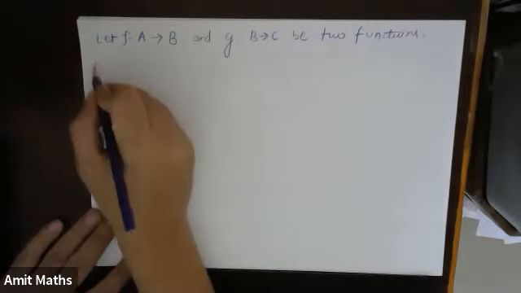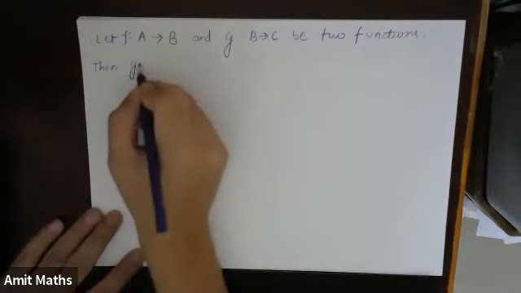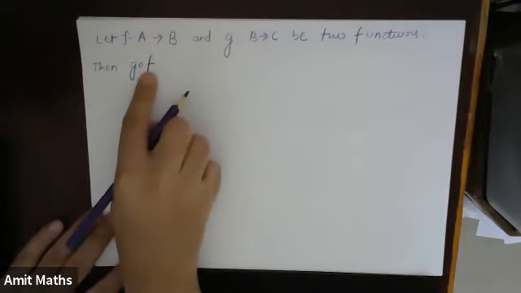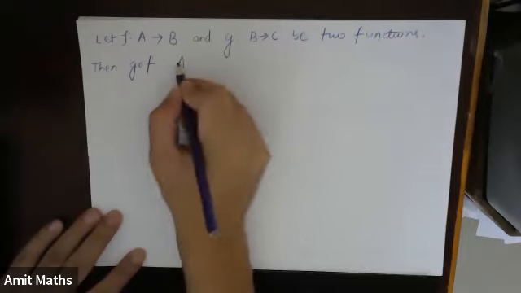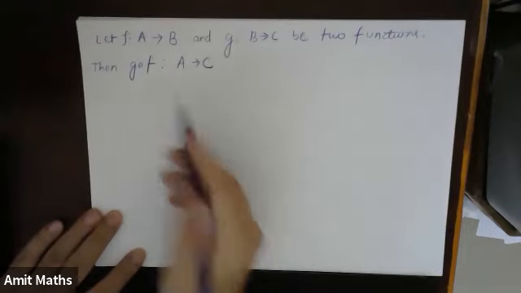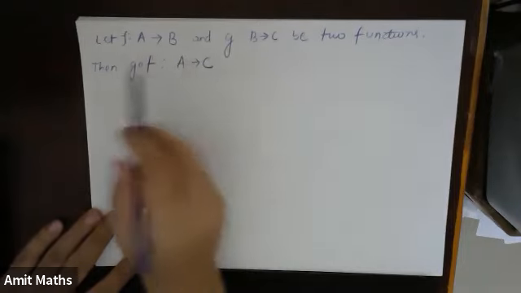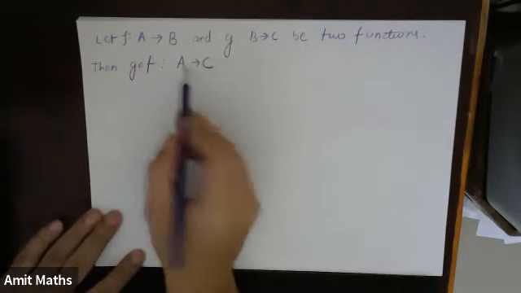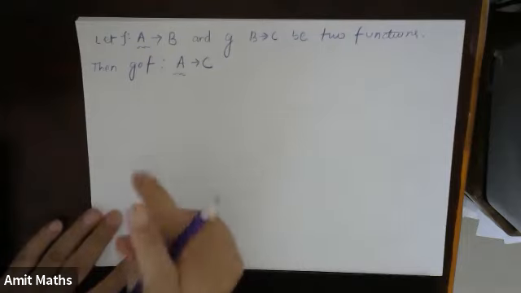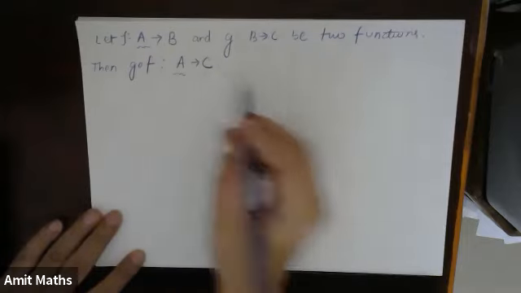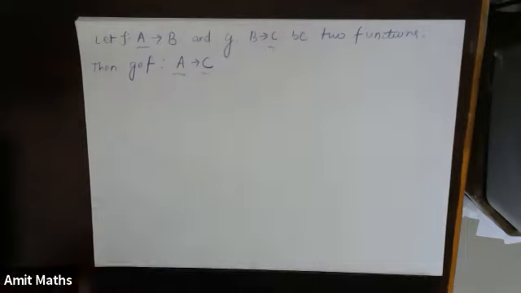Then g of f will be a function from A to C. That means the domain of g of f will comprise A, and the range of g of f will comprise set C. Okay.